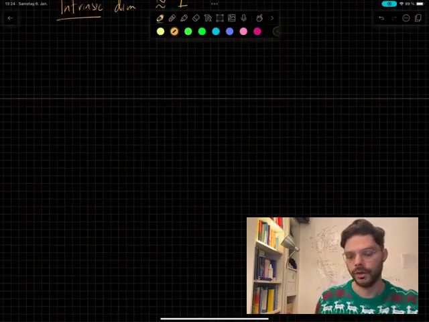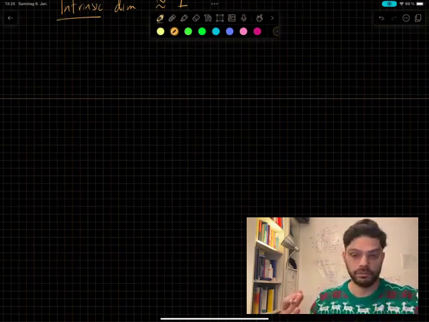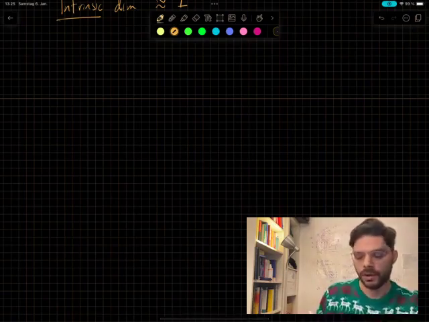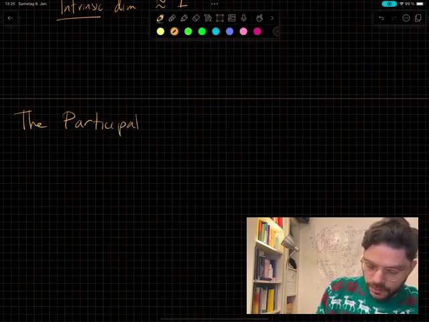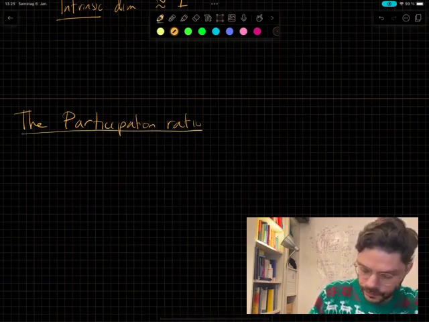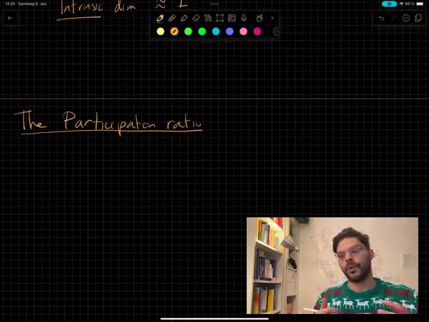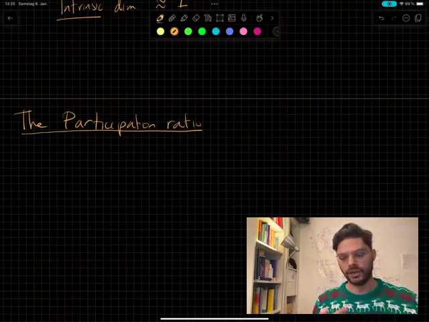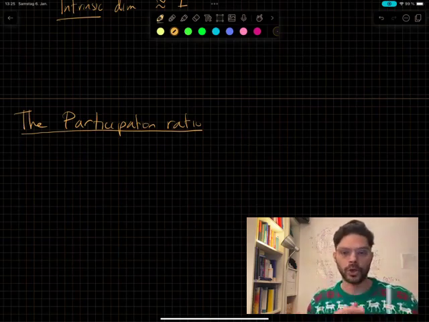Now, there are many notions of intrinsic dimensionality, and we're going to be talking today about maybe one of the simplest and the easiest to actually compute for data, which is called the participation ratio. The way the participation ratio works is it tries to find the way the variance of the data is distributed in space, and to use the distribution of those variances to come up with a notion of the intrinsic dimensionality.